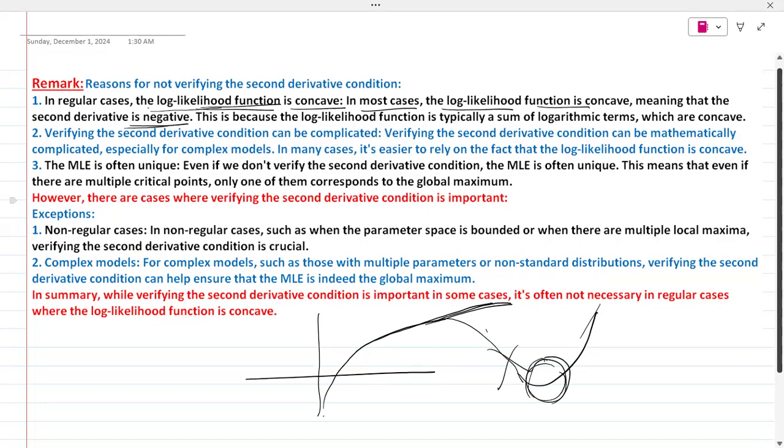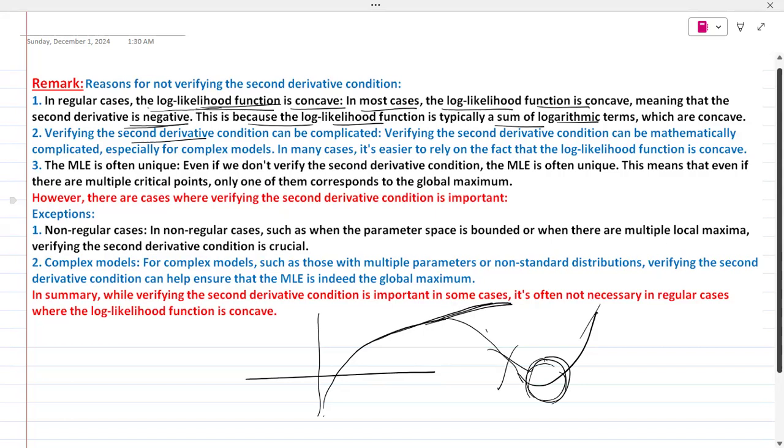And this is because the log likelihood function is typically a sum of log terms which are concave. Even here we have the sum of these logs, which are further concave. And verifying the second derivative condition can be complicated. This is also another fact.